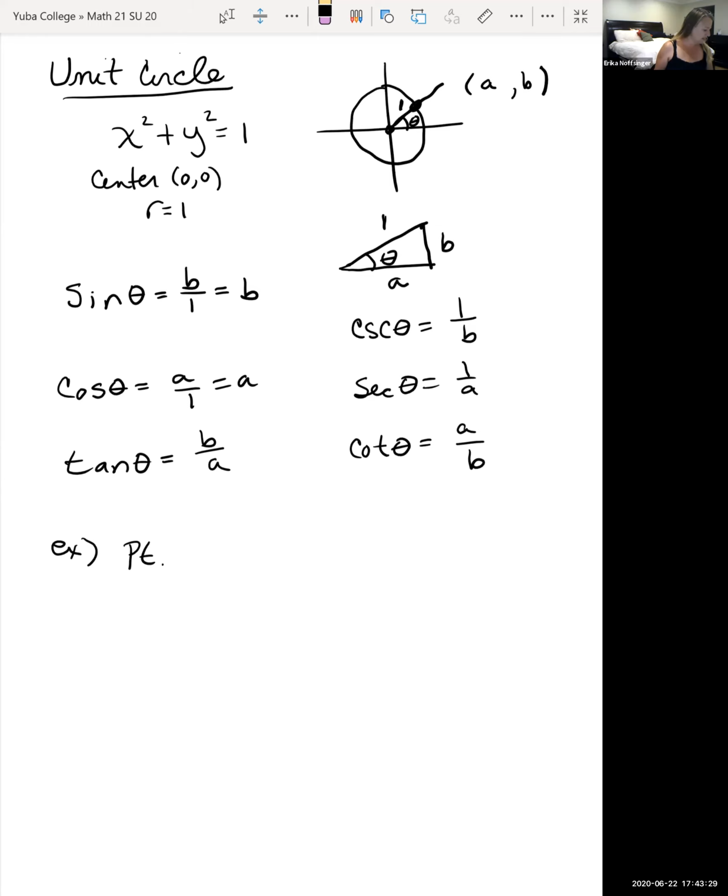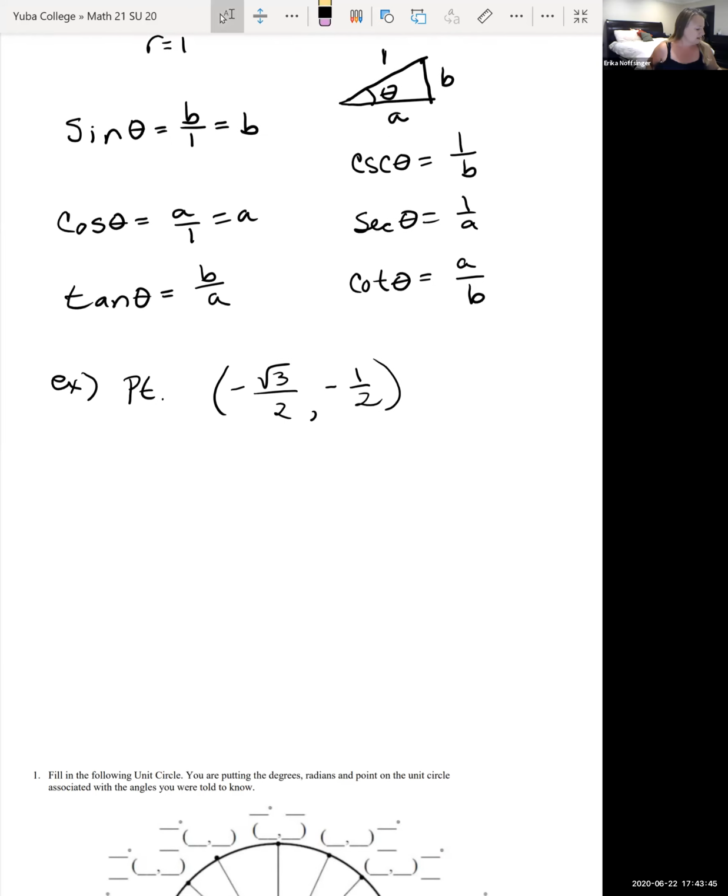And so let's say you have the point negative square root of 3 all over 2, comma, negative 1/2. So again, this point is on the unit circle, and it corresponds to the real value T. And we want to find cosine T, sine T, tangent T.